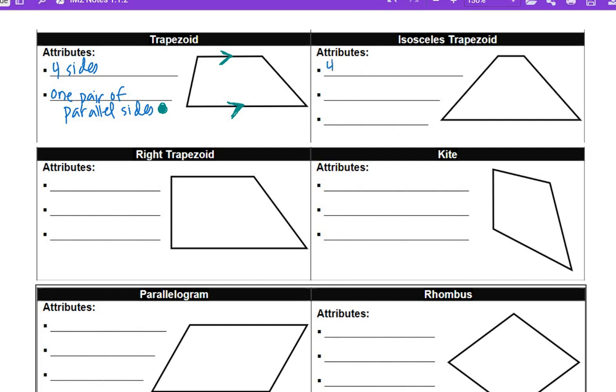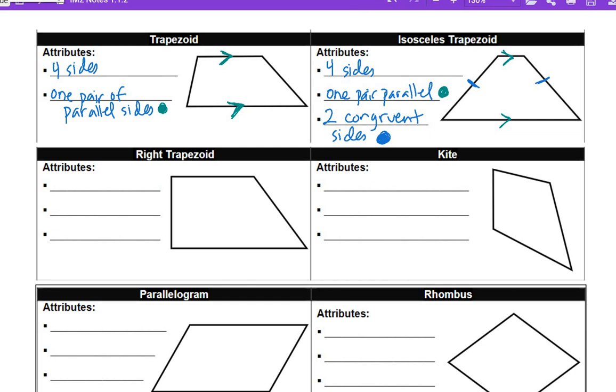Again, we have 4 sides, 1 pair being parallel. I'll mark that green again. And it's isosceles, so we have 2 congruent side lengths. These 2 sides have the same length, and I'll mark that blue.